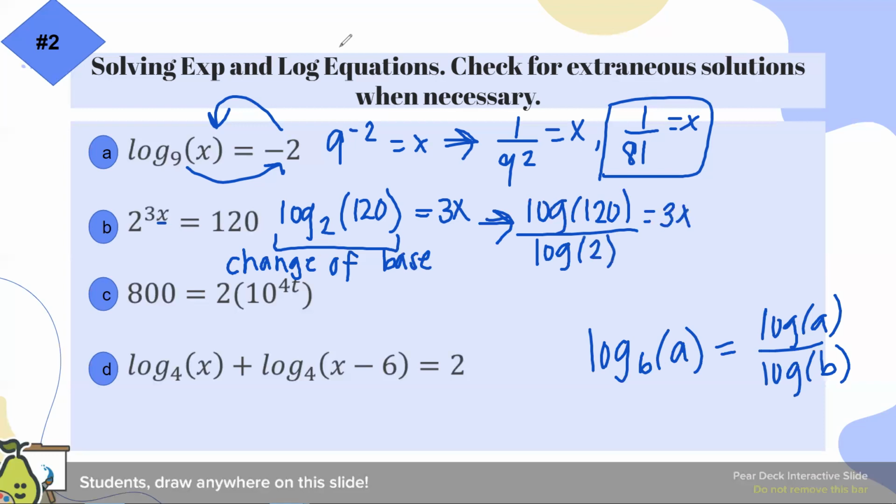This is still equal to 3x. And then you're going to want to grab a calculator or open up a calculator on Desmos or Google or whatever. They'll all do it for you. Do the log of 120, just regular old log, divided by log of 2.